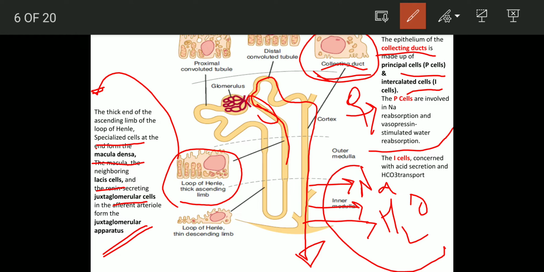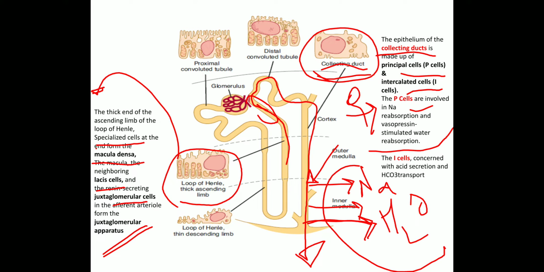Vasopressin, or the antidiuretic hormone, acts here in the collecting duct and stimulates more water reabsorption. So more water will be reabsorbed here. They are trying to conserve water. So remember the P cells.